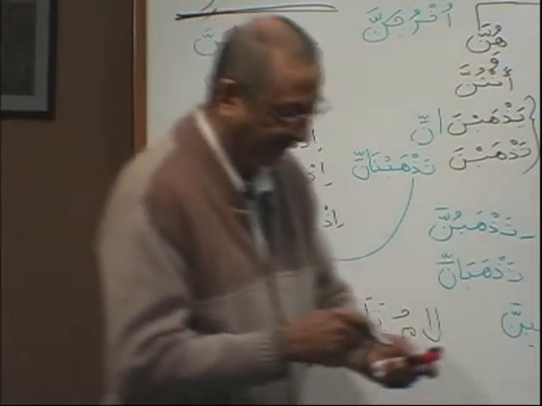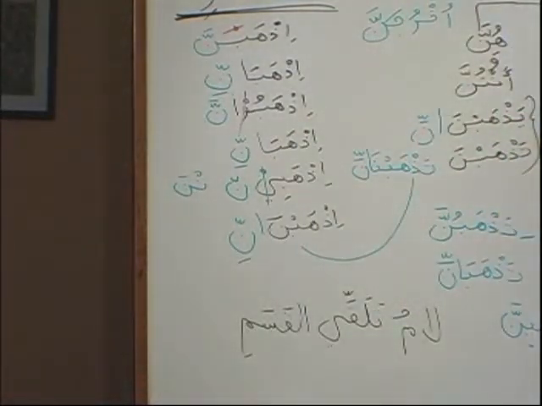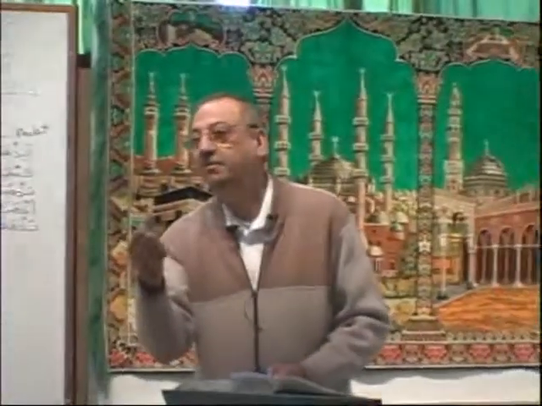Got the idea, brothers? So what is this lam called? Lamu talaqqi kasam. Lam of receiving the kasam. Now it has a very important part to play in the sentence. Fine.